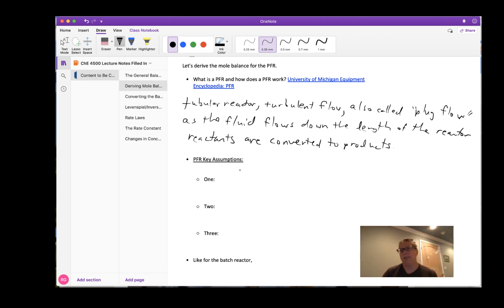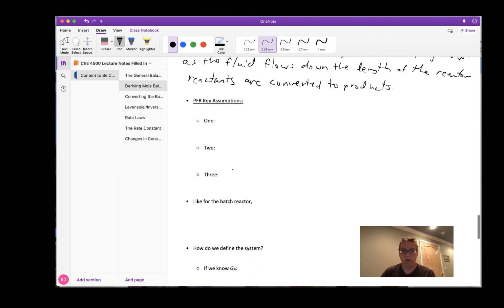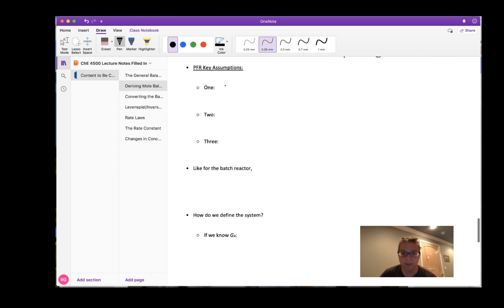So there are three key assumptions for the plug flow reactor. One, the steady state reactor. The second assumption has to do with this plug that traverses down the length of the reactor.